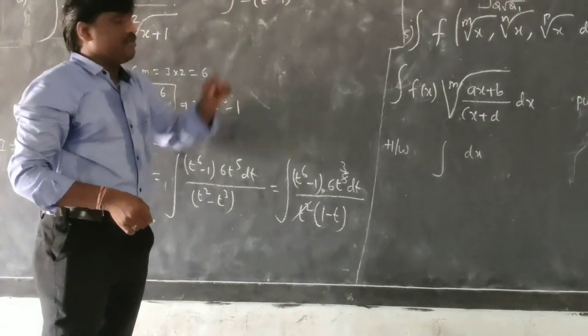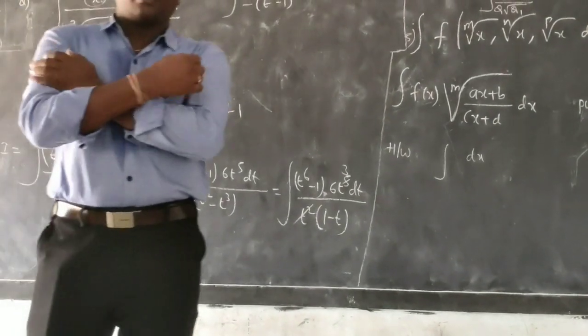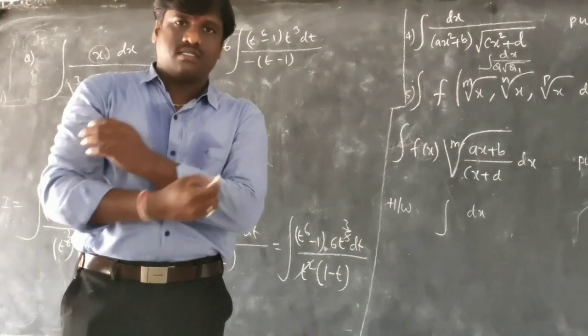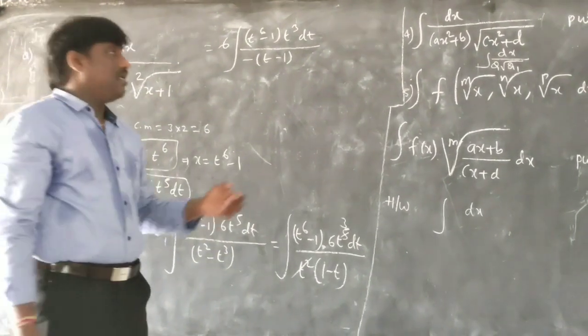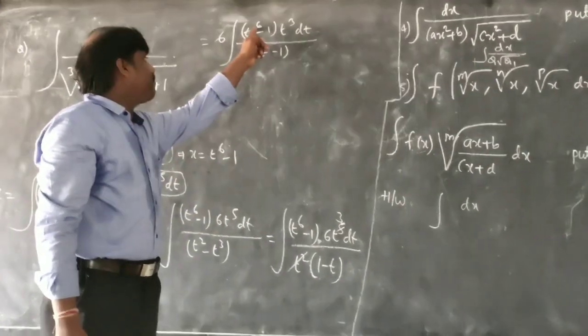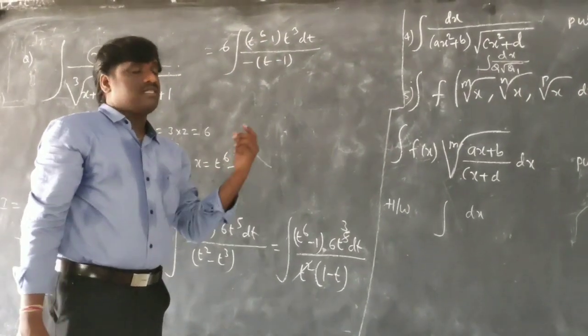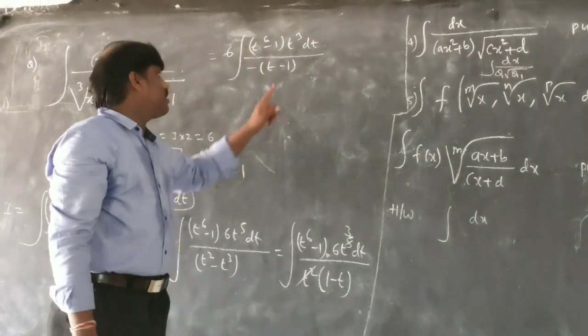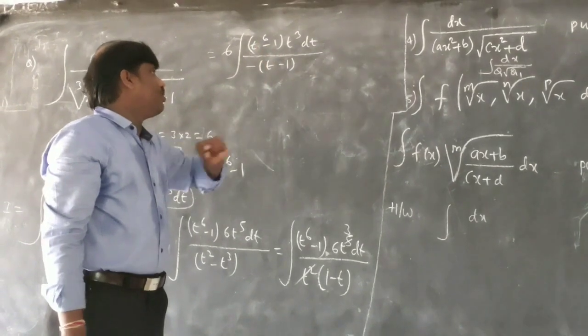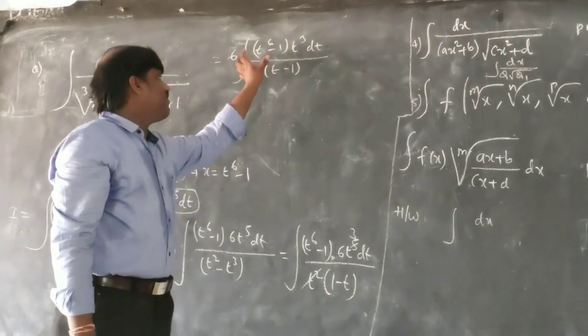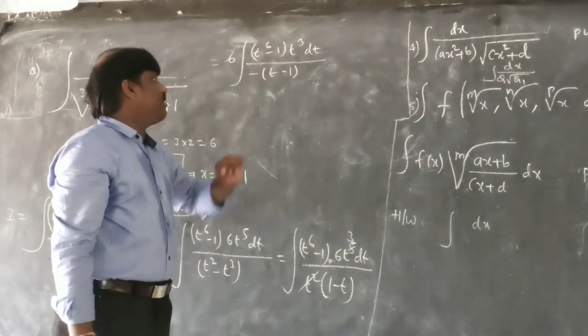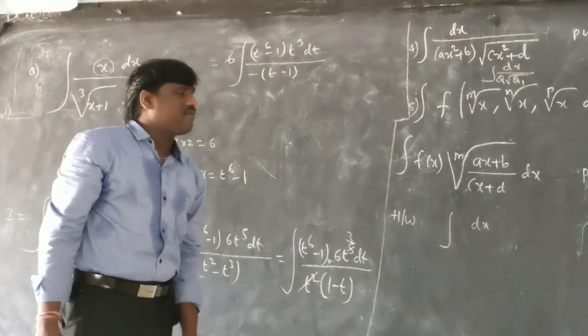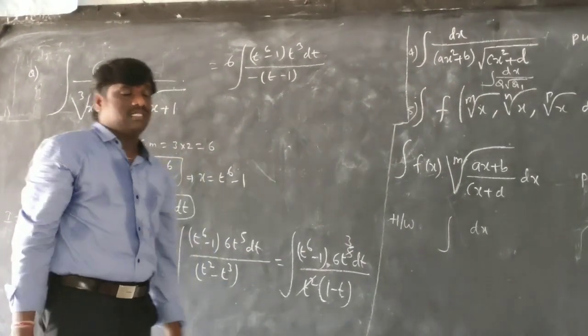To cancel this one. You know already a square minus b square is a minus b into a plus b. Like that, whenever you have t power 6 minus 1, this can be expressed in these factors, because you should know the factors of this. If you know these factors, we can split this one and t minus 1 will be cancelled. Then the integration will become very simple and easy.